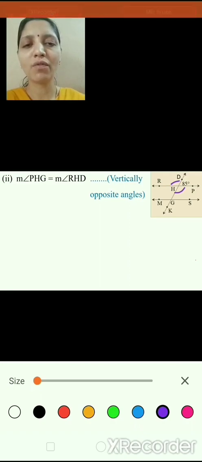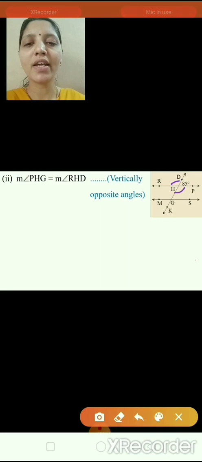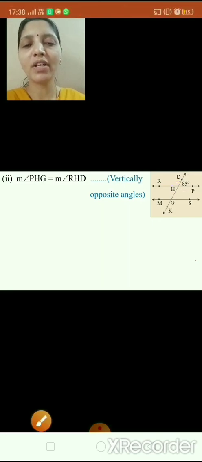Therefore we can write here major angle PHG is equal to major angle RHD. The reason you will write here is vertically opposite angles. Now as RHD is 95 degrees, major angle PHG will also be 95 degrees. So hence we have found the answer.